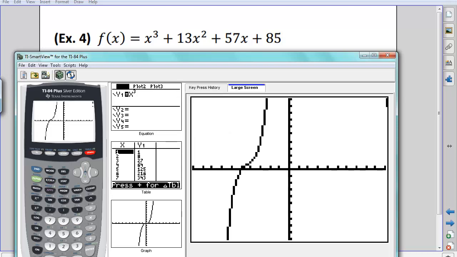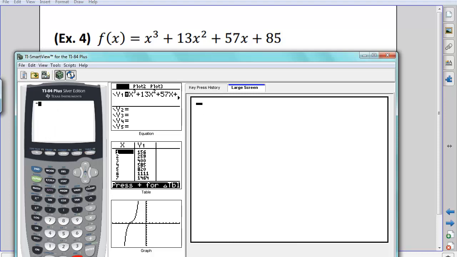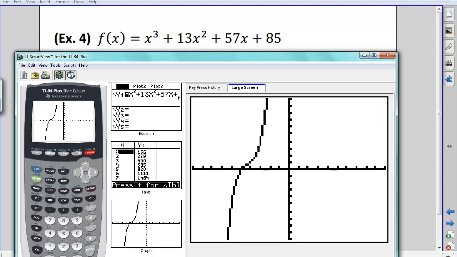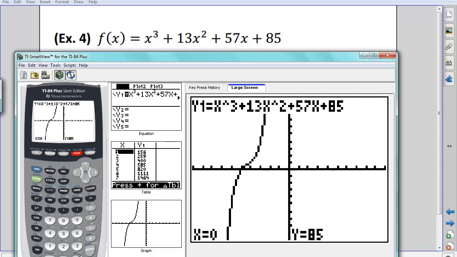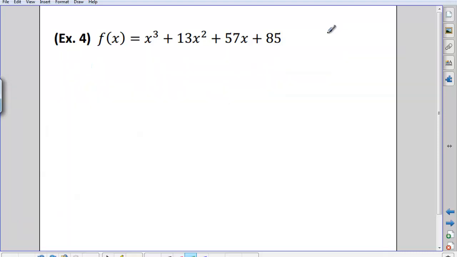So what do we got? We got a little touch and go. Is that at negative 5? Okay, so let me just double check. If I trace and go to negative 5, yeah, there's the 0. So let's start there with our synthetic division.